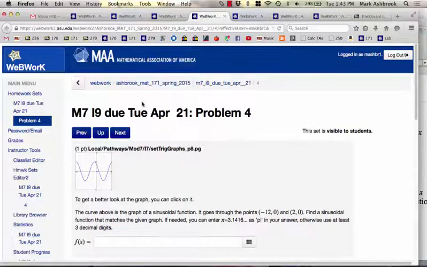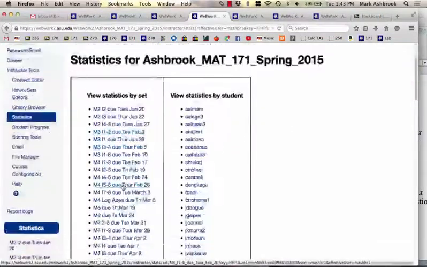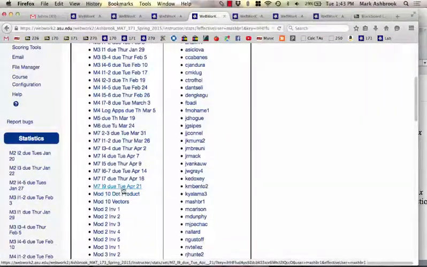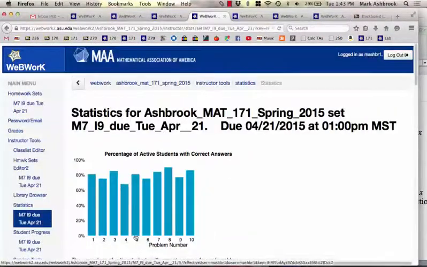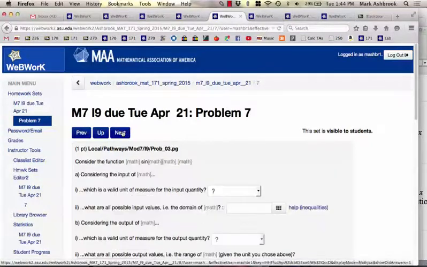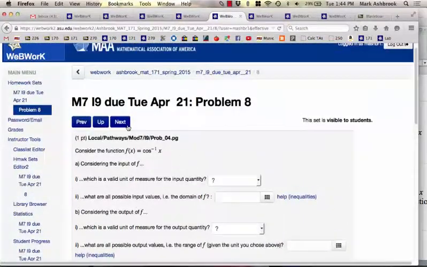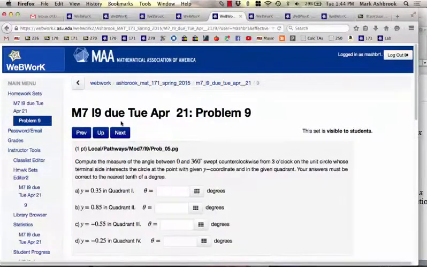Oh, yours are numbered differently. Let's see. This one.